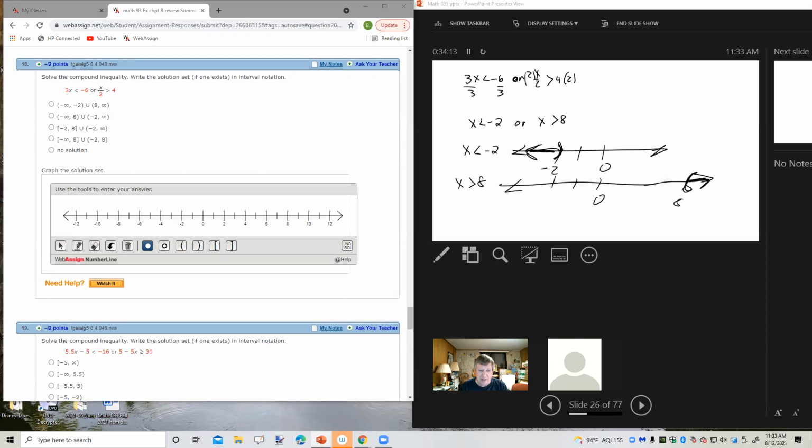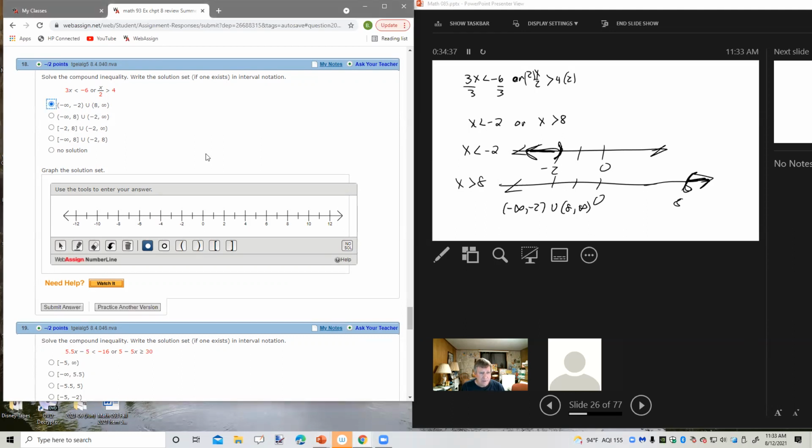So my point is, I've got two different intervals that don't overlap, but I want the union. So I've got -∞ to -2 in union with 8 to +∞. Okay. So that looks like, let's see here, this one.